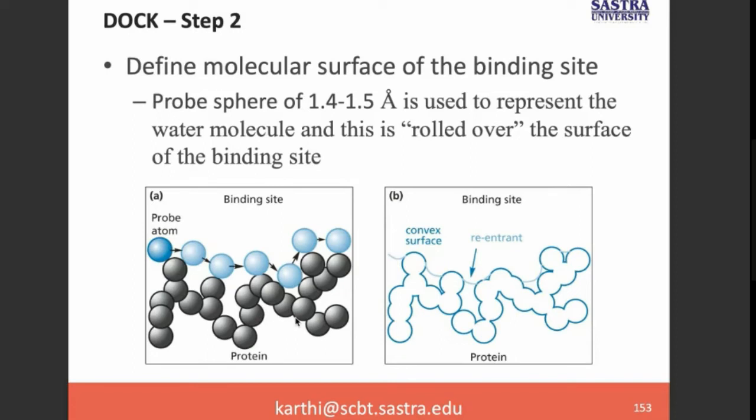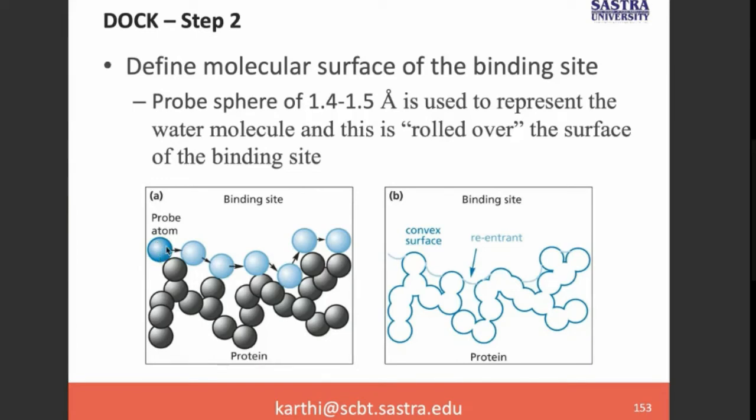To find out the exact volume or area of the binding site, we have to use something called a probe. A probe is a kind of chemical atom with some radius. Normally, the most commonly used probe is the water molecule, H2O, and we know the van der Waals radius of H2O.